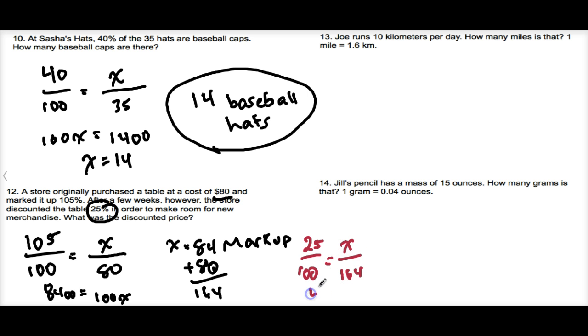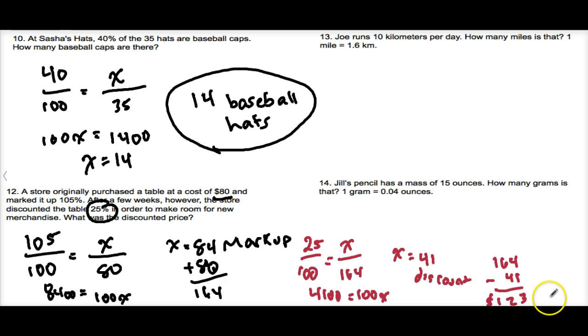So this is going to be 4,100 equals 100x, and then x is going to be equal to 41, and this has to be taken away from this because this is the discount. So now it's going to be 164 minus 41. So the table, after everything's said and done, is going to cost $123.